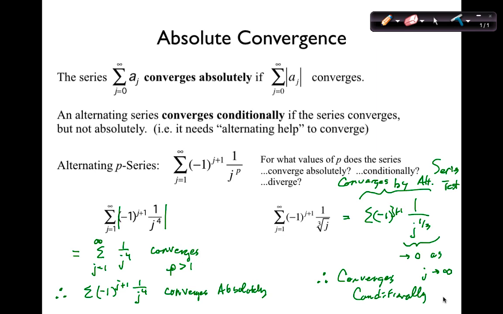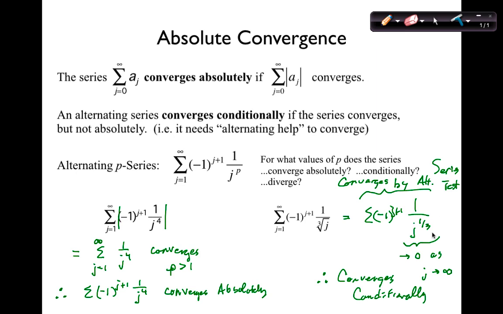Does it make sense? Anybody? Did I lose you? Please ask. So you've got to remember that the p sequence converges to 0 for any positive p. And that means this thing will qualify for the alternating series test.